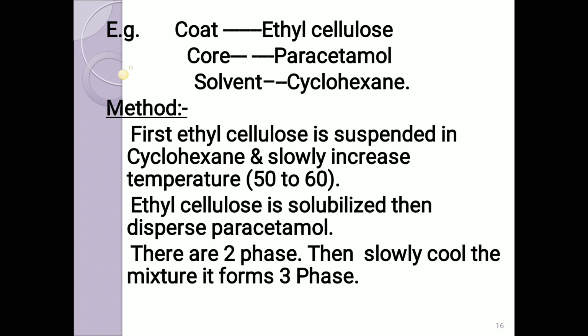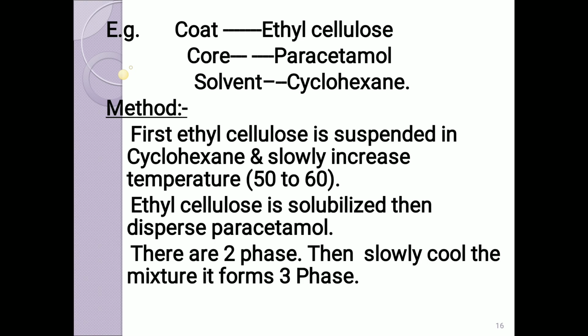To explain this very well by taking an example: here the coat polymer is ethyl cellulose, the core drug is paracetamol, and the solvent is cyclohexane. First the ethyl cellulose is suspended in the cyclohexane. Slowly increase the temperature to 50 to 60 degrees.